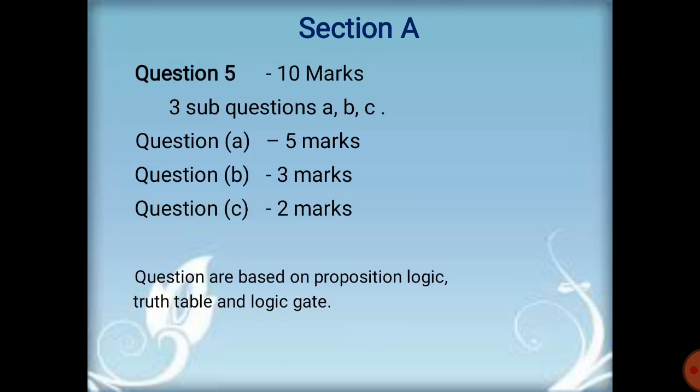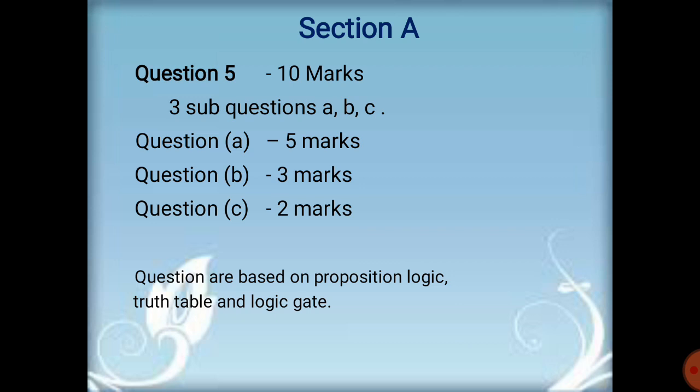Now question 5 of section A. It is of 10 marks. It contains 3 sub questions A, B and C. Sub question A is of 5 marks, sub question B of 3 marks and sub question C of 2 marks, total 10 marks.